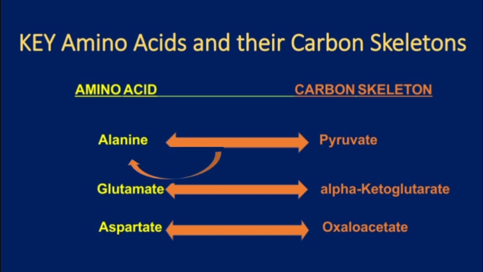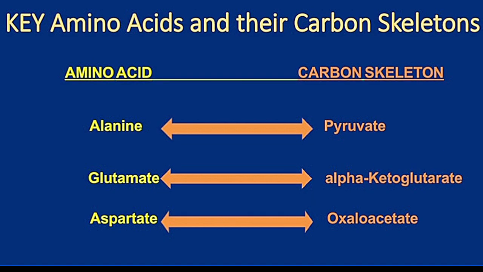And through the AST reaction, glutamate can be used to make aspartate from oxaloacetate. And through the glutamate dehydrogenase reaction, glutamate can be broken down into alpha ketoglutarate and ammonia.